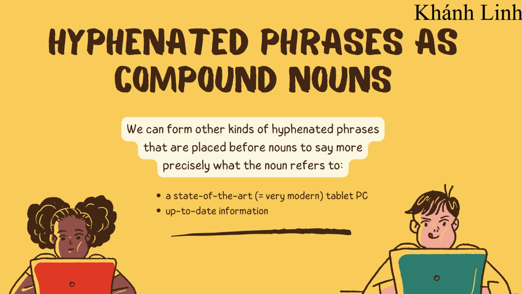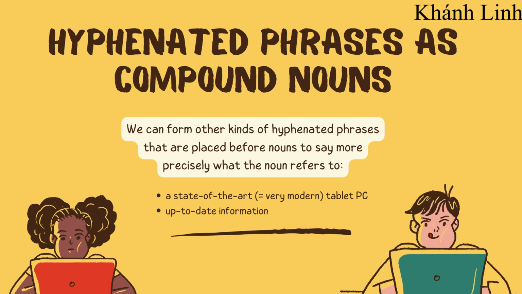And the last one is hyphenated phrases as compound nouns. It means we can form other kinds of hyphenated phrases that are placed before nouns to say more precisely what the noun refers to. For example, a state-of-the-art tablet PC, meaning very modern.